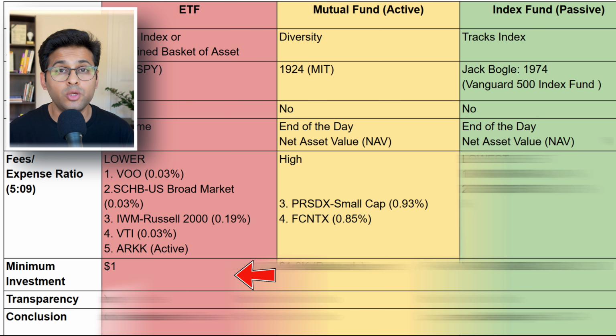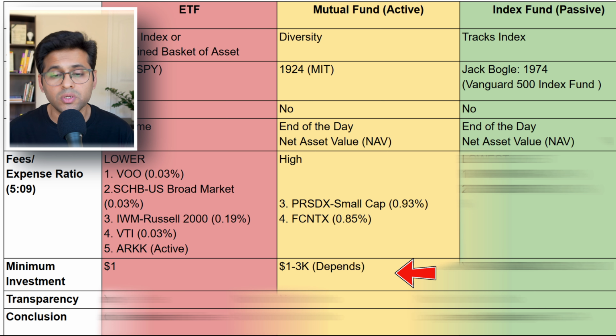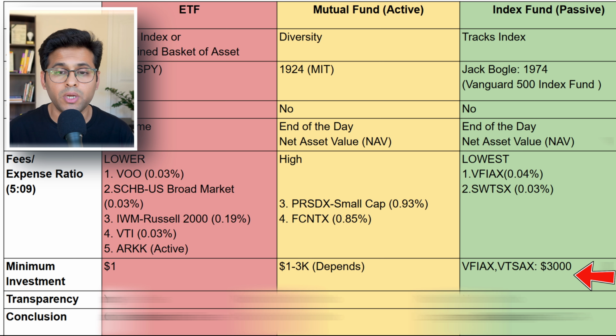That's pretty cheap, and you can start your investing journey with ETFs. For mutual fund, it depends on what you are trying to invest in. It is usually between $1,000 to $3,000. For index fund, it is usually higher compared to ETFs and mutual funds. For example, VFIAX, VTSAX, the minimum investment amount is $3,000, which is pretty steep if you are just starting out on your financial journey.